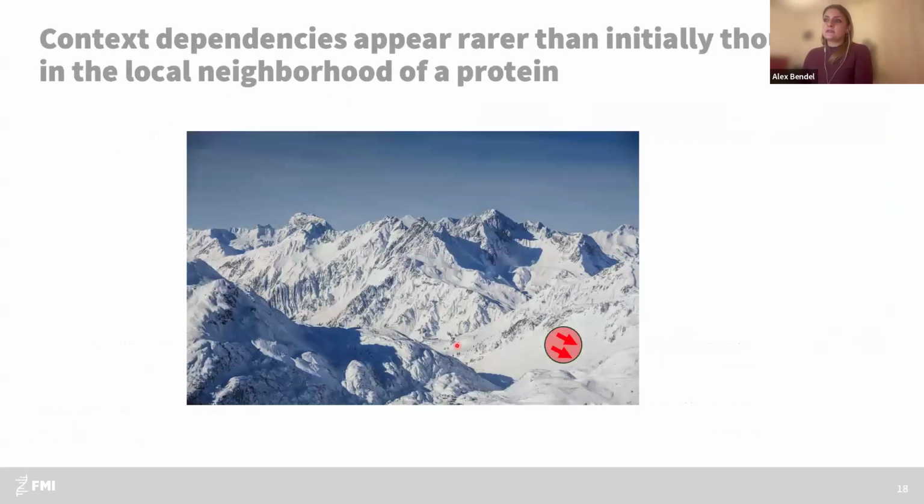However, what we need to take into consideration here is that all these data sets that have been studied only looked at mutations in single proteins and the mutation effect basically in their local neighborhood.